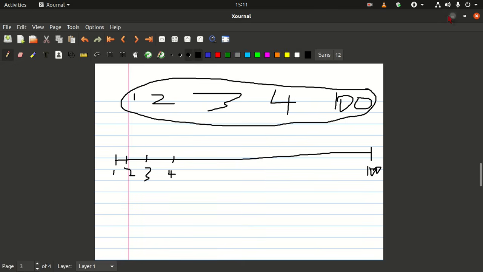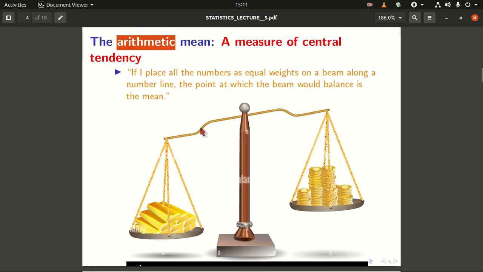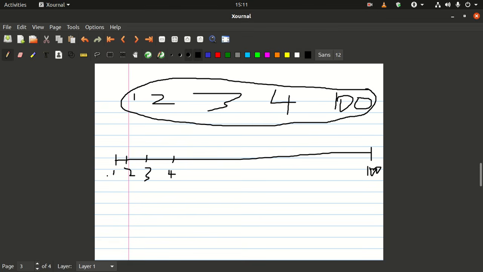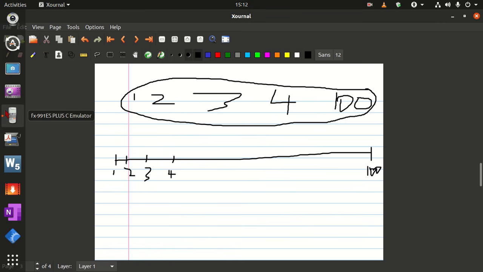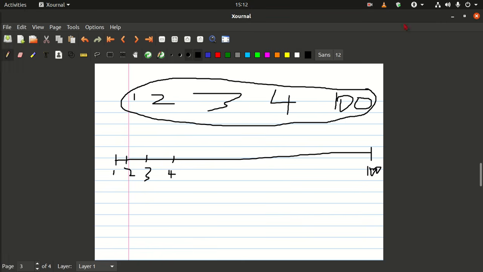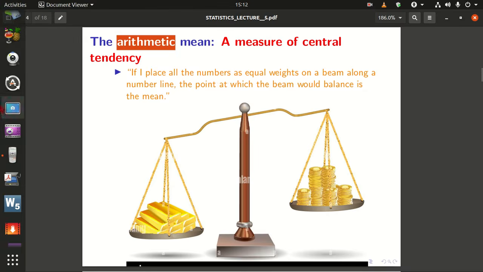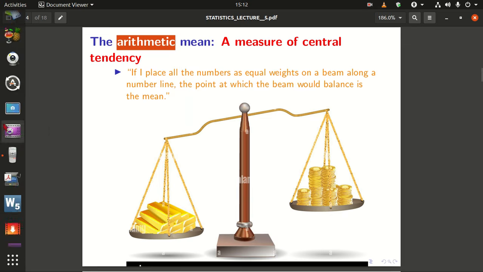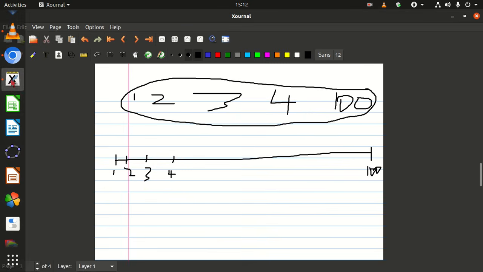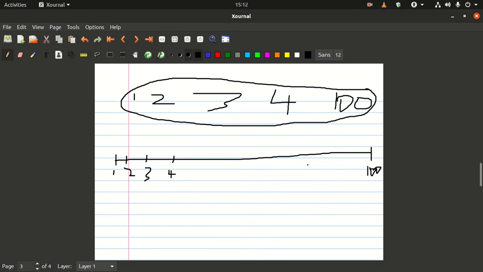It is this part of the beam balance. Now that I have these numbers as they are, I want to place this rod in this thing so that it balances.